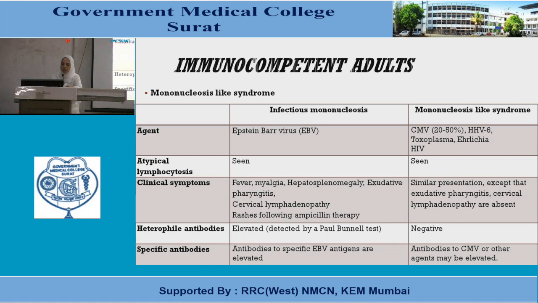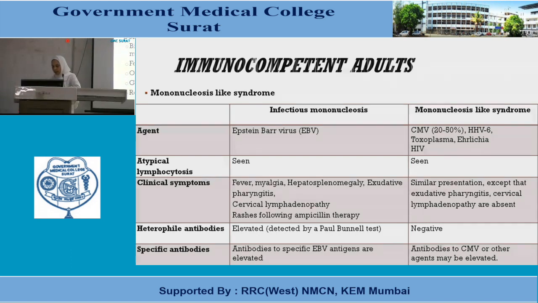Here, how will you differentiate them? Heterophil antibodies are elevated and can be detected by the Paul-Bunnell test in infectious mononucleosis, while in mononucleosis-like syndrome they won't be there. Specific antibodies to EBV antigens are elevated in infectious mononucleosis, while antibodies to CMV or other agents may be elevated there.